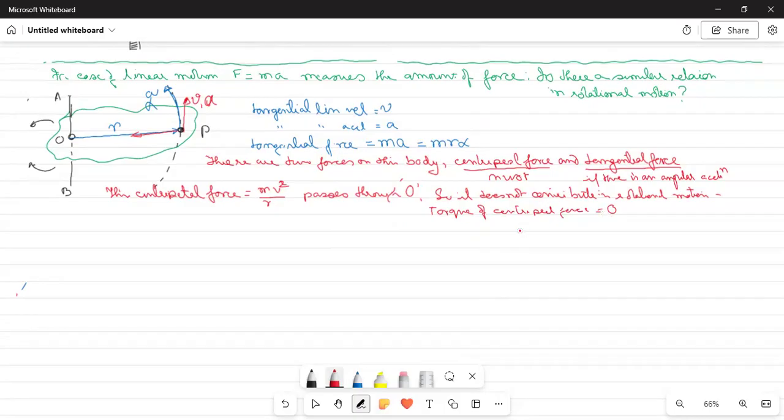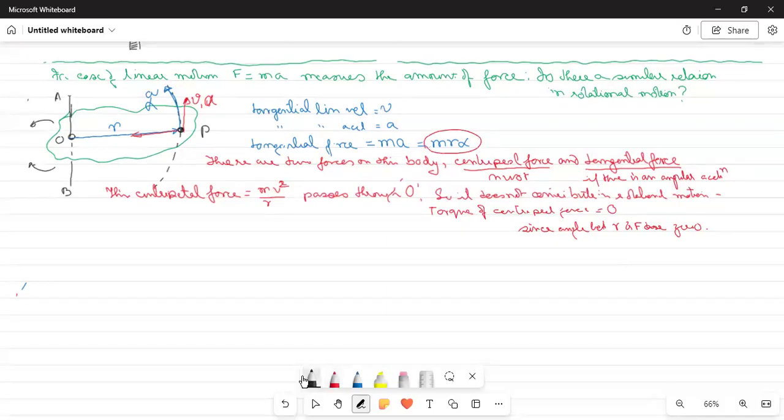Let me also write, if you forget, that it is this tangential force, which is mr alpha, that creates rotation.